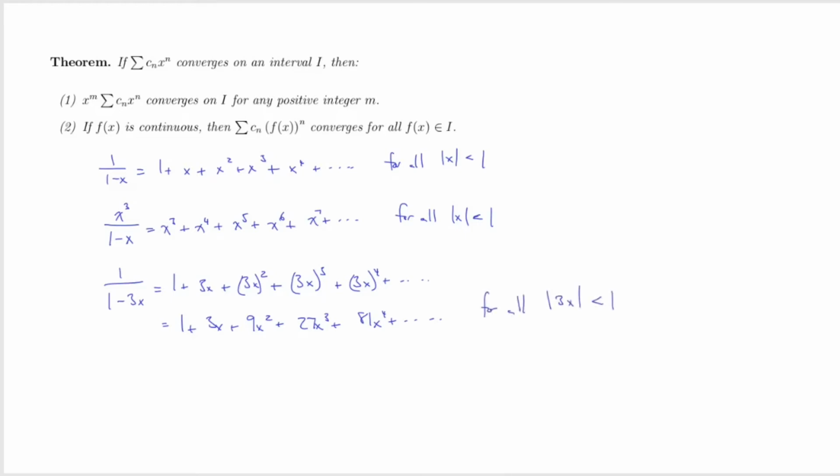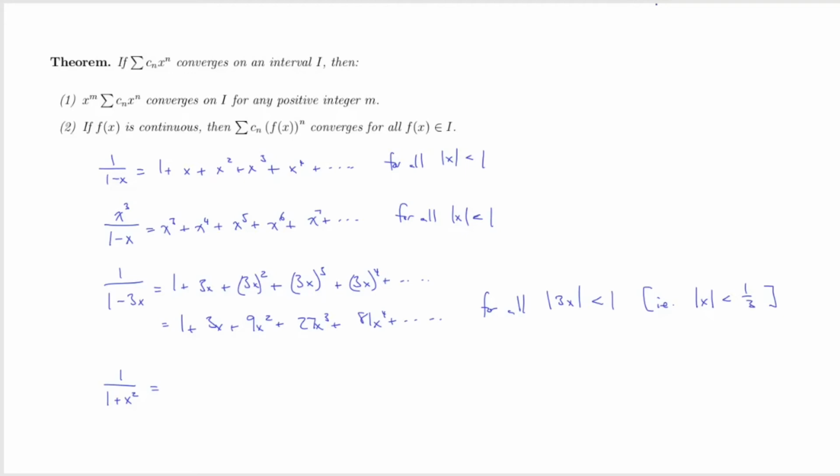And it converges not when absolute value of x is less than 1, but when absolute value of 3x is less than 1. And that's the same thing as saying when the absolute value of x is less than a third. So here's a power series for 1 over 1 minus 3x, and it gives us a function that works for any x value between negative a third and positive a third, excluding the two endpoints.